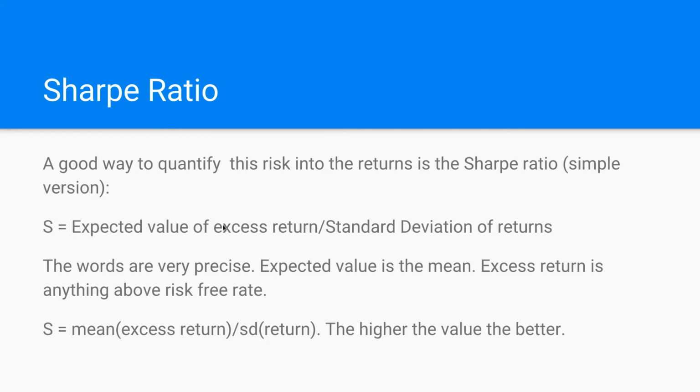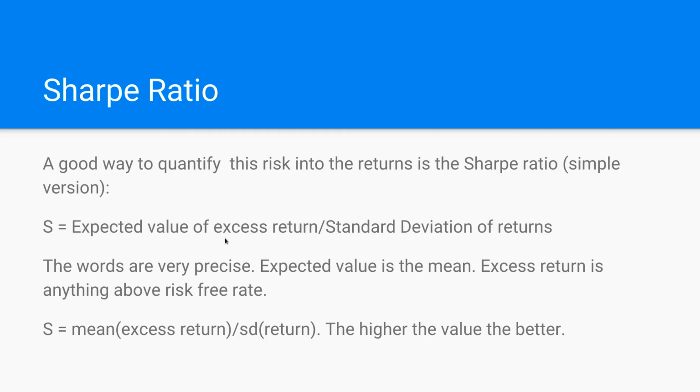A fund that delivers a Sharpe ratio of 2 or more is a very good, excellent fund. If it delivers 3 or more, then it's fantastic. If someone shows you an investment strategy that has a very high Sharpe ratio, like 4, then that's the thing where you have to put your money. The higher the Sharpe ratio, the better.